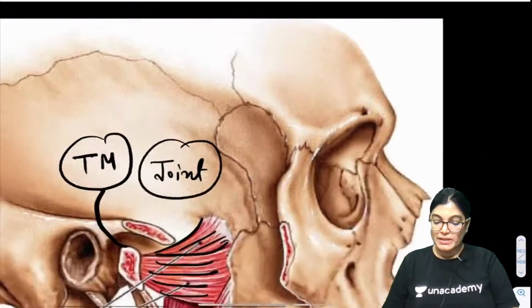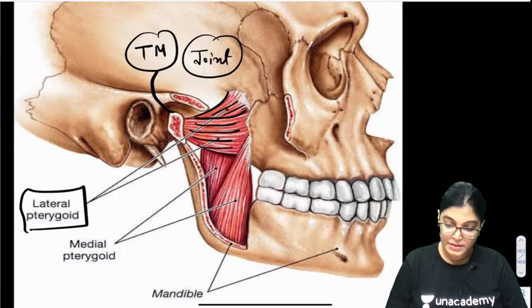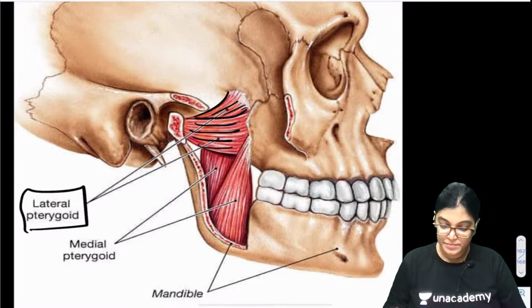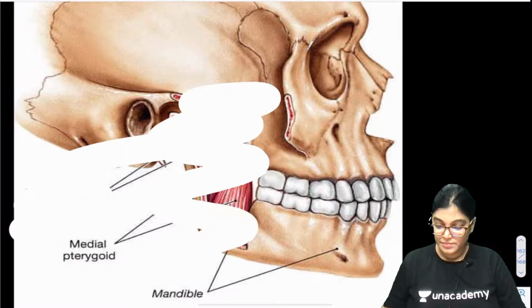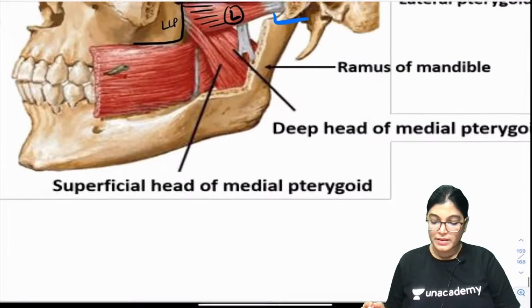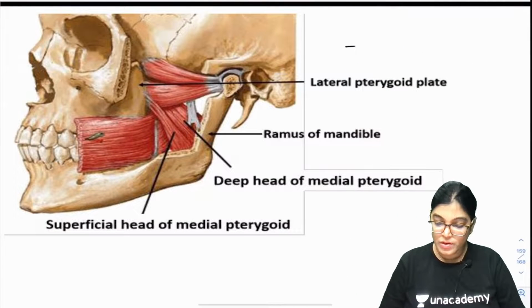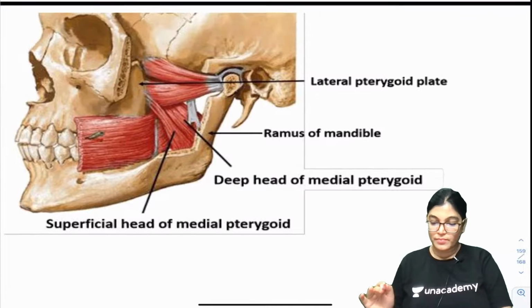Now coming to the medial pterygoid. The next muscle is the medial pterygoid. Firstly, I would like to explain the thing in this diagram. Let's now focus on the medial pterygoid muscle.